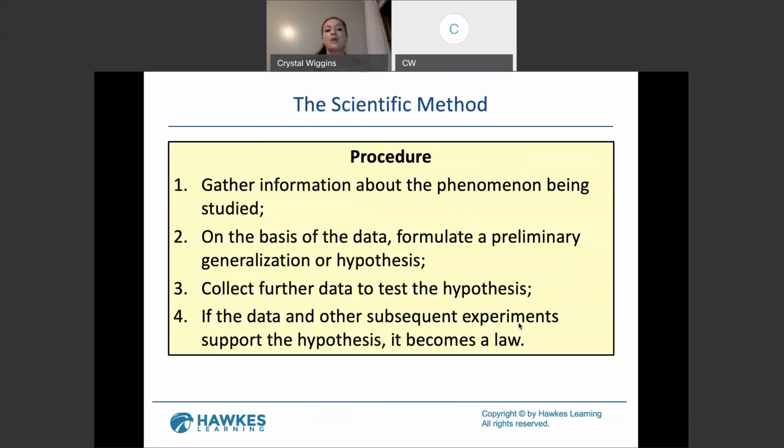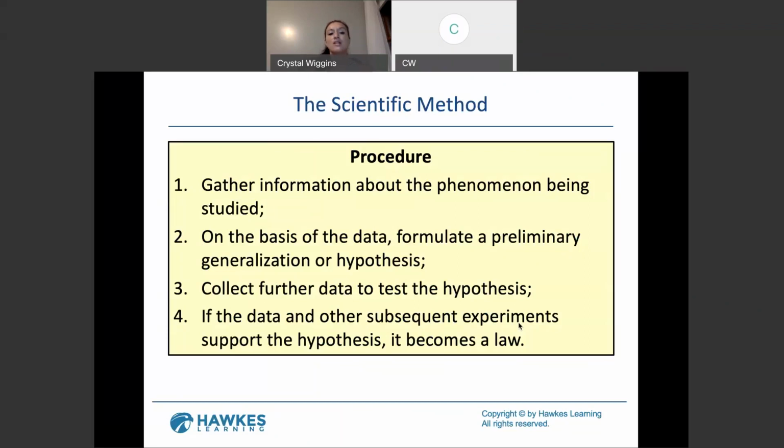Or if you are doing a new drug test, maybe you have a better drug for a particular disease, then you will be gathering information on the effects of the drug on your trials, whether it be rat trials or human trials.